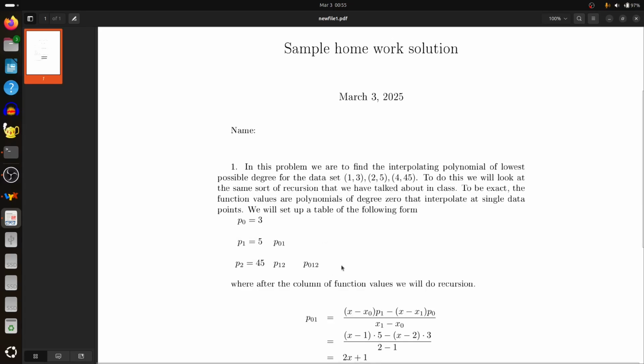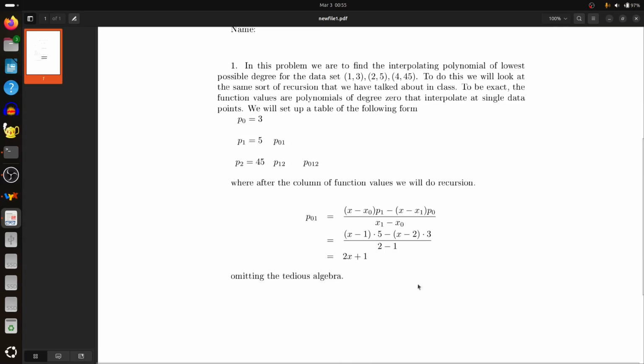Doing the recursion, P01 is x minus x0 P1 minus x minus x1 P0 divided by x1 minus x0, which allegedly, after you get done doing the algebra, simplifies down to 2x plus 1. Sanity check again. When x is 1, that'll be 3, and when x is 2, it will be 5.